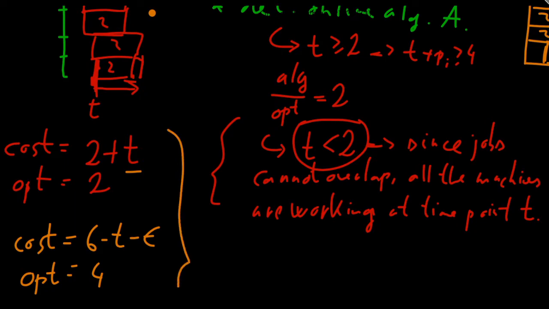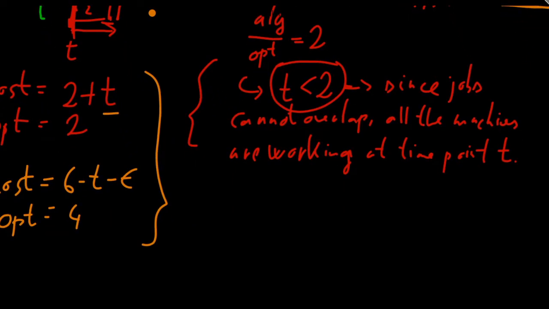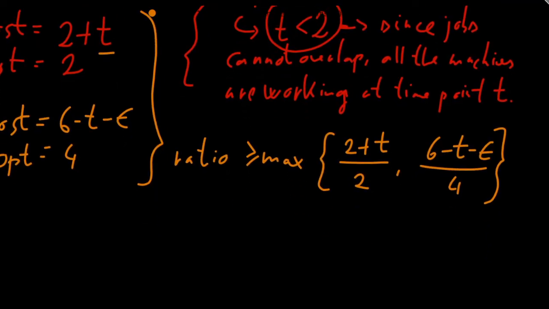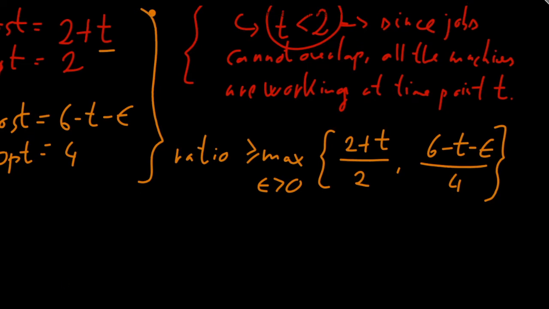Now this means that the competitive ratio of the algorithm is at least the maximum of 2 plus t over 2 and 6 minus t minus epsilon divided by 4. And again, I just have to take into account all the possible epsilon values, and actually I can make it 0.